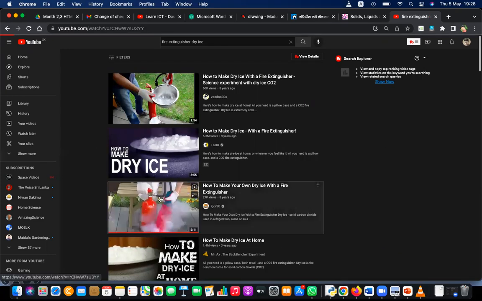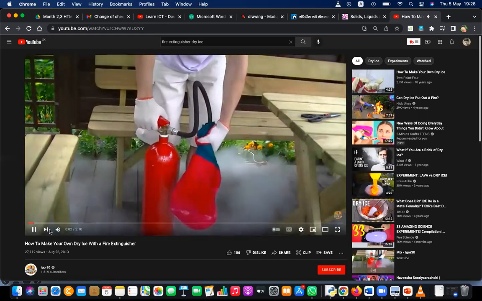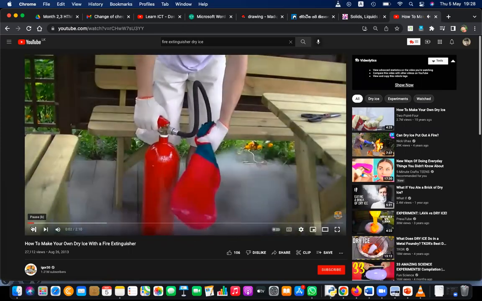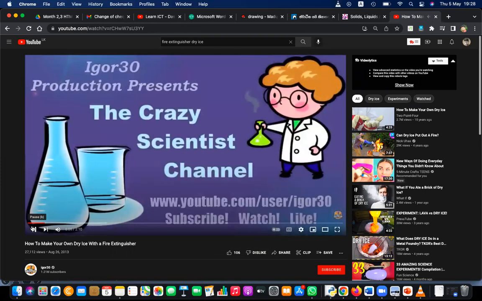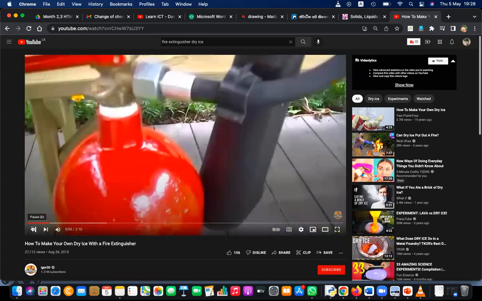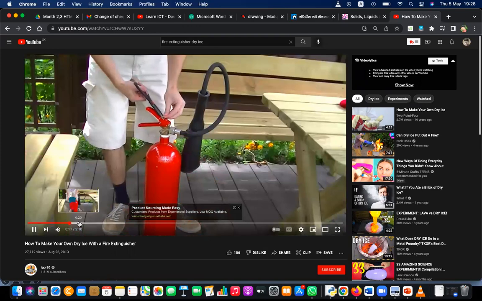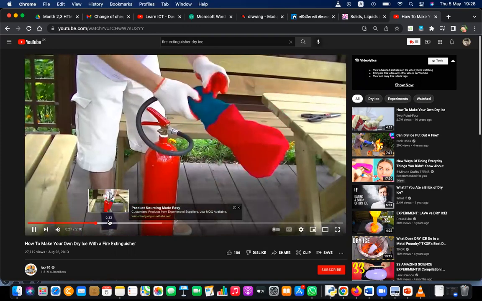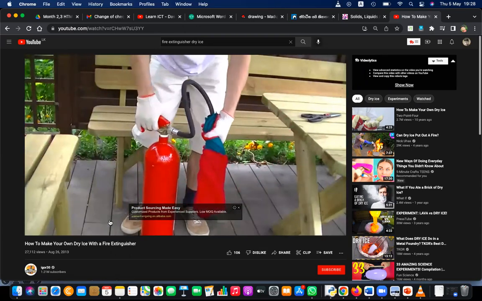Okay, let's see this. You can see this is a fire extinguisher. He's removing the seal. After removing the seal, he's putting a cloth to cover this, otherwise you can't collect it.